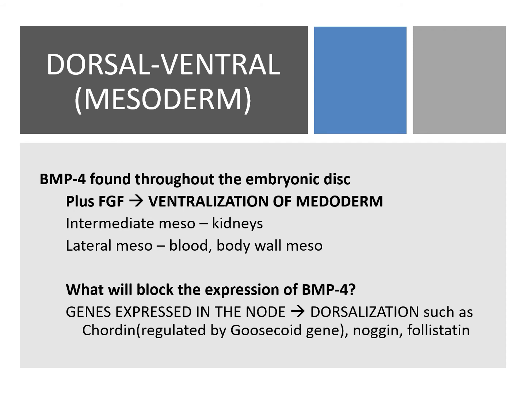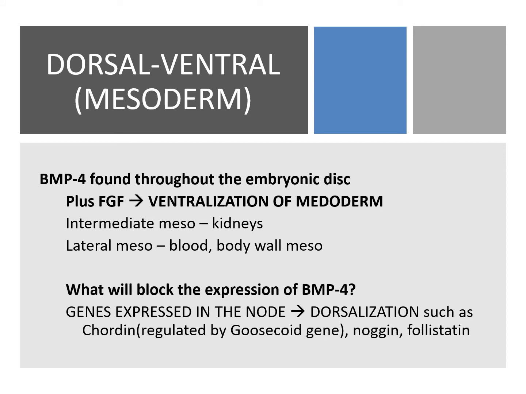Meanwhile, the blood and the body wall mesoderm are formed upon the ventralization of the lateral plate mesoderm. Now, because BMP4 is present all throughout the embryonic disc, it means that all of the mesoderm will become ventral if the activity of BMP4 is not blocked by other genes that are expressed in the node. For this reason, the node is called the organizer.